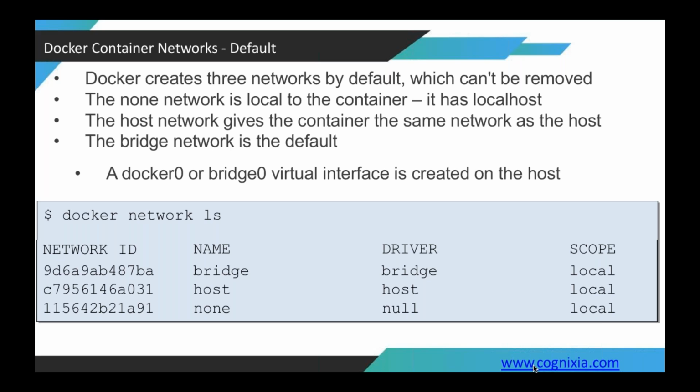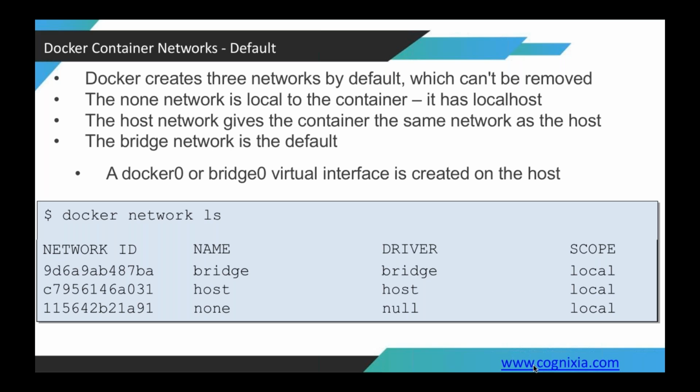Now you don't have to do anything extra for installing these networks. Whenever you install Docker, they automatically get installed along with Docker itself. You can run the docker network ls command, which will show you all the available networks installed on your system.